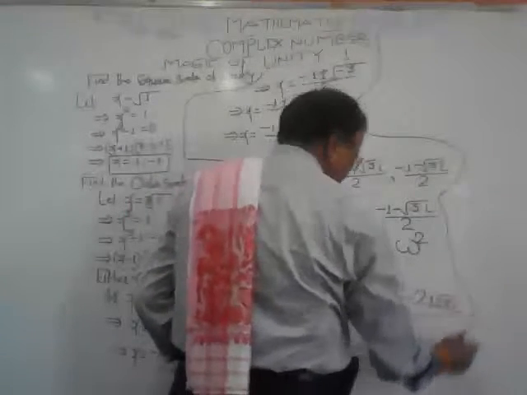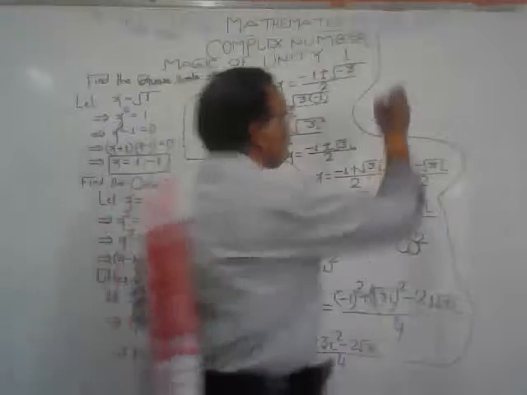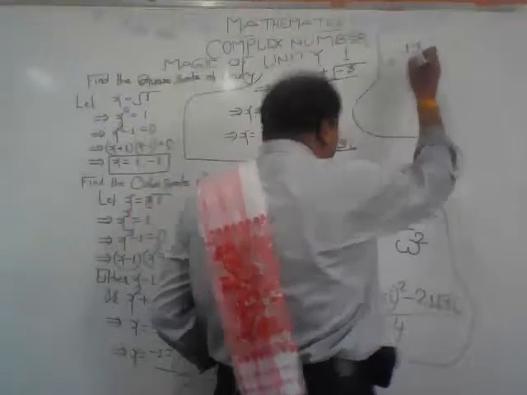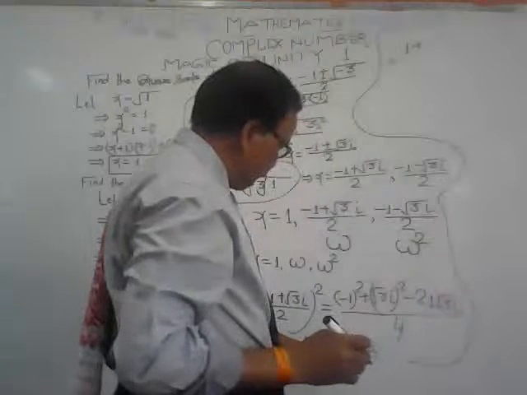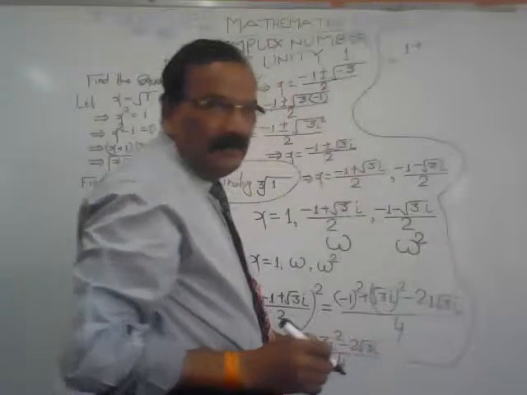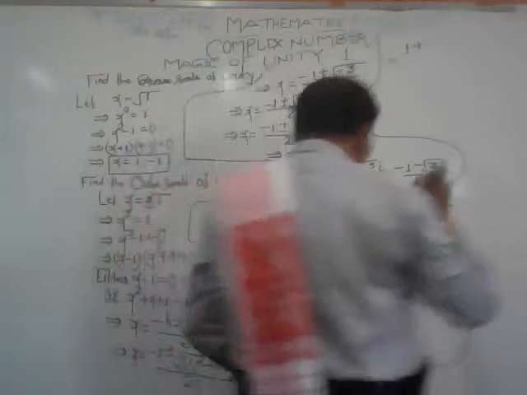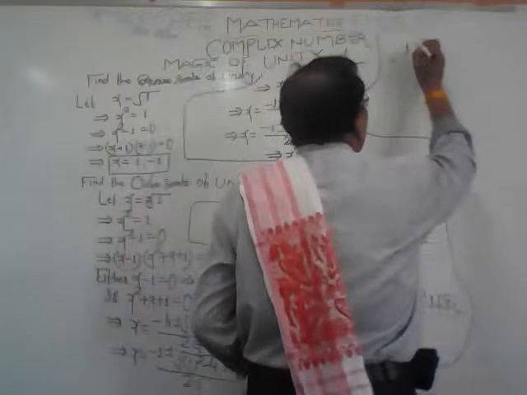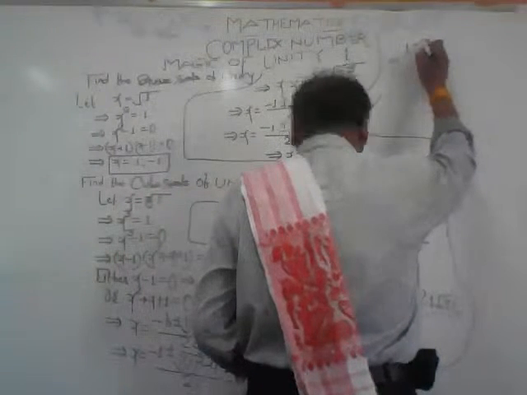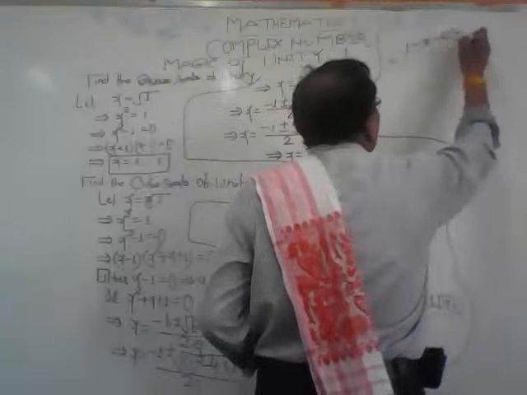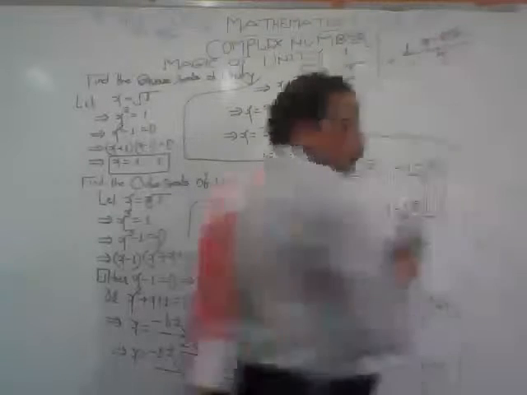This implies the result will come: 1 plus 3 i square, and i square means minus 1, so it is 1 minus 3 minus 2 root 3 i upon 4.